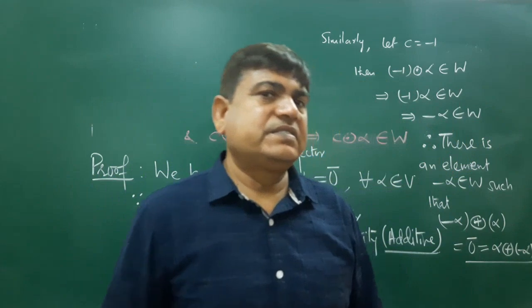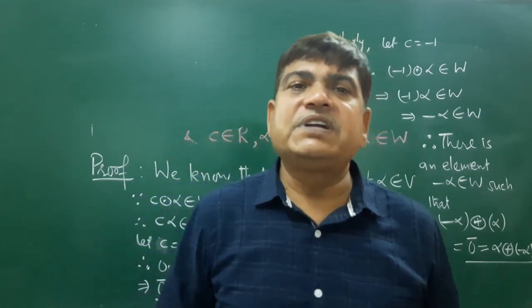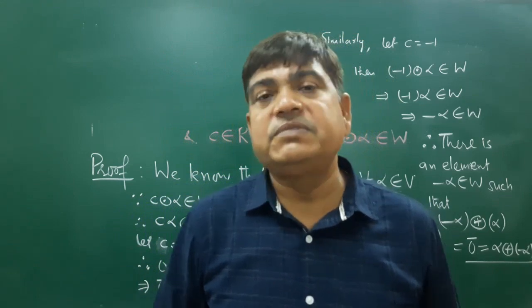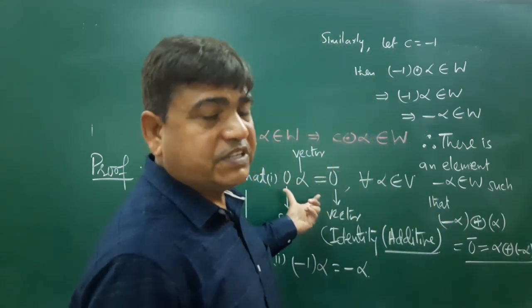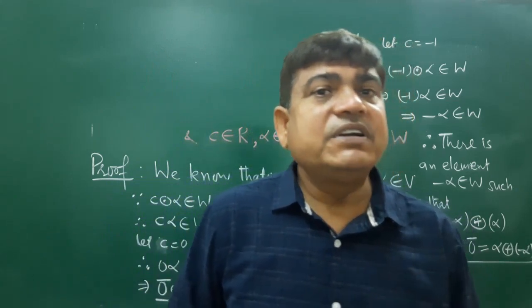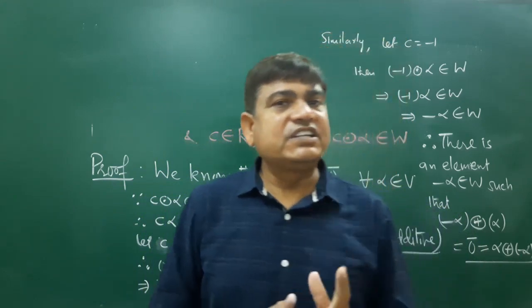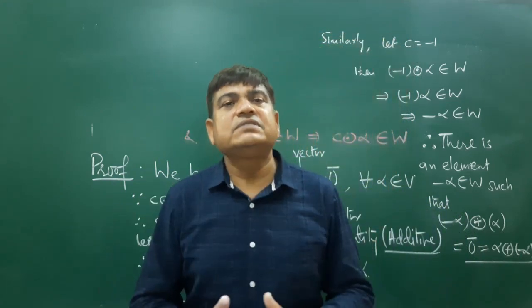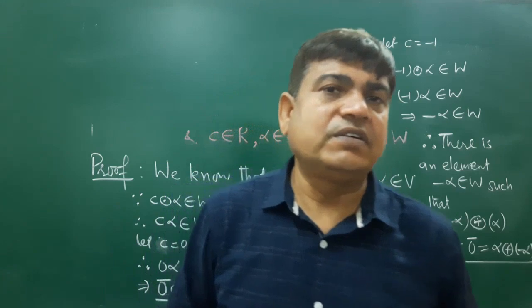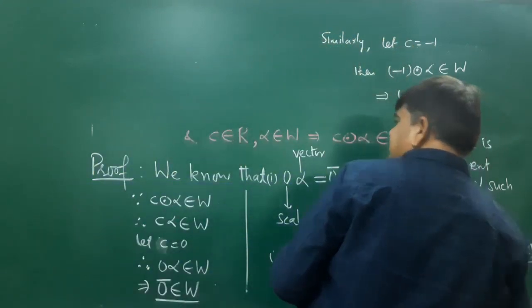So there exists the identity element, there is the inverse element, and the remaining properties are inherited. You can prove them from the vector space. So here you have to remember that the additive identity of the vector space will be the same additive identity of the subspace. Okay. Now let us consider some examples on this.